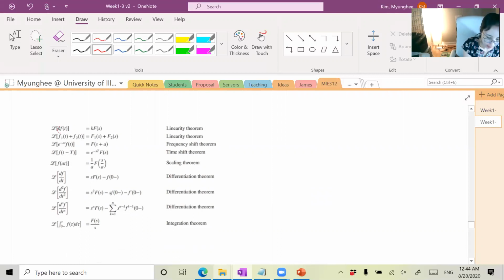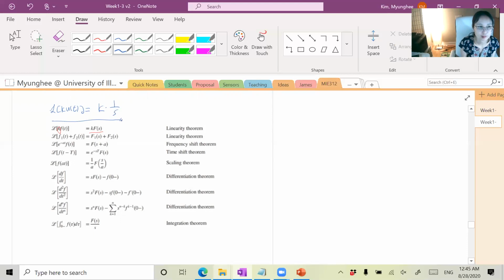If you multiply k to a system, the output is k times F(s). So for example, the step function becomes k times 1 over s.